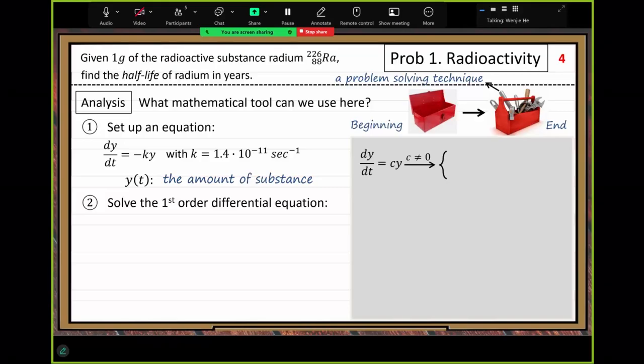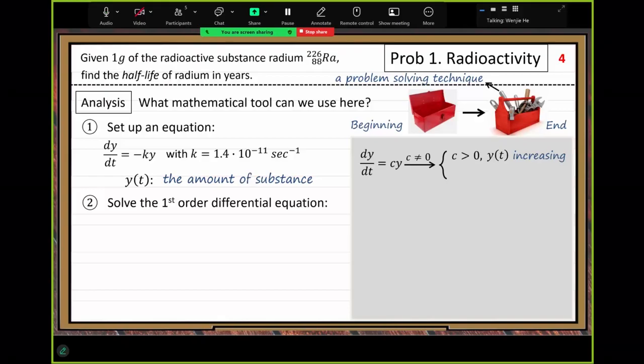Now we try to solve this differential equation. The constant C is not equal to 0, so there are two cases. C is a positive value sometimes. Remember y is the amount of the substance, number of grams, so Y is a positive value.